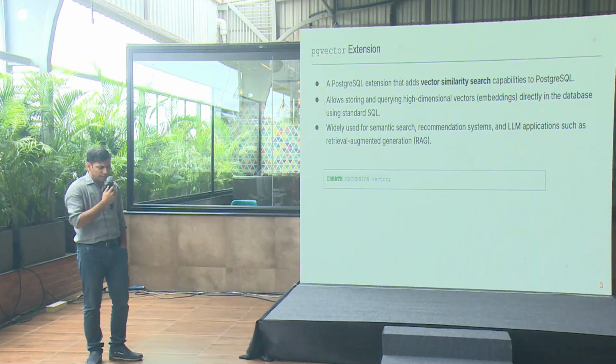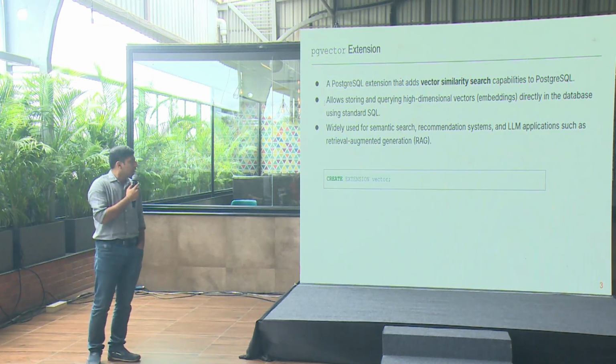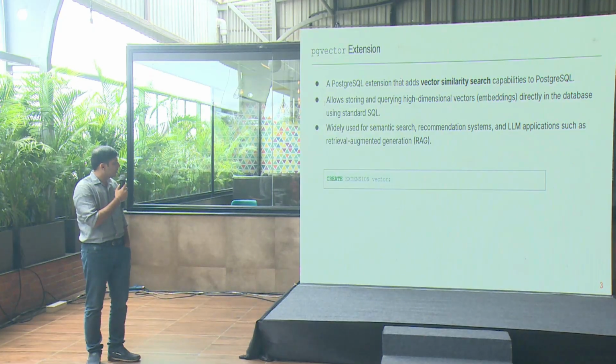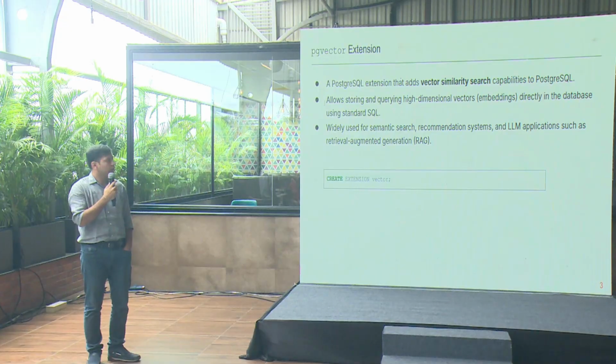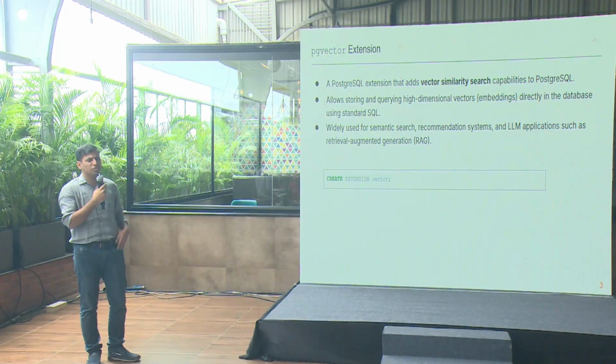This has enabled different use cases like semantic search, recommendation systems, and the more recent, popular retrieval augmented generation applications. I have a good diagram here showing how to create the extension if it is not already installed.